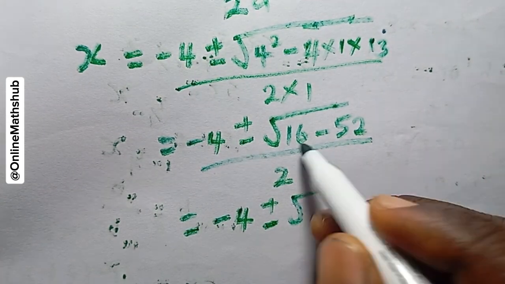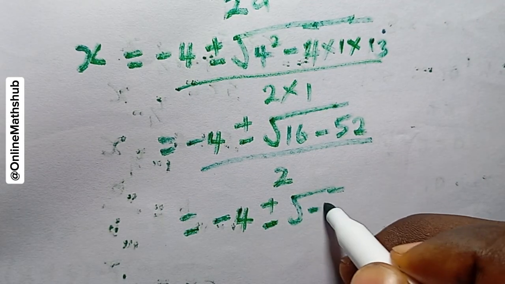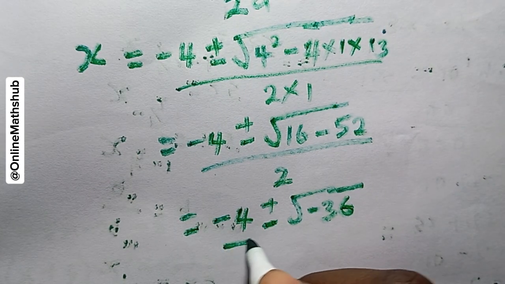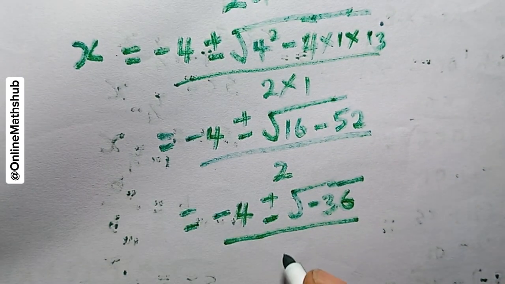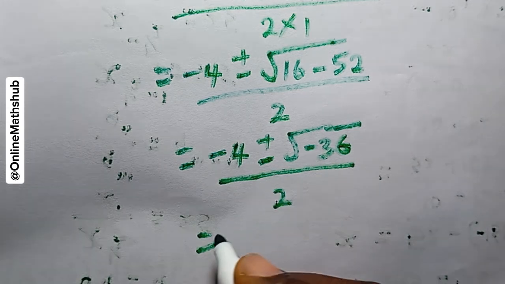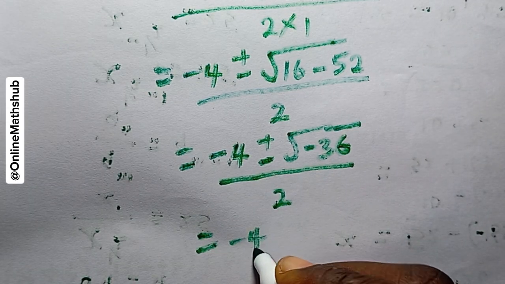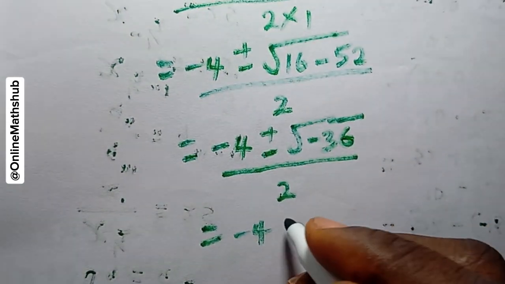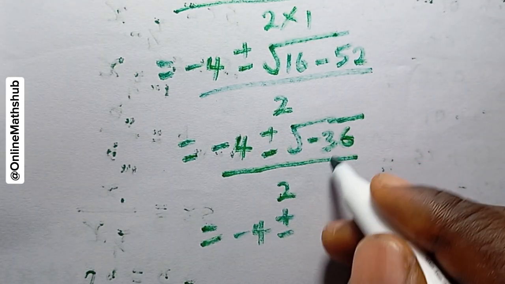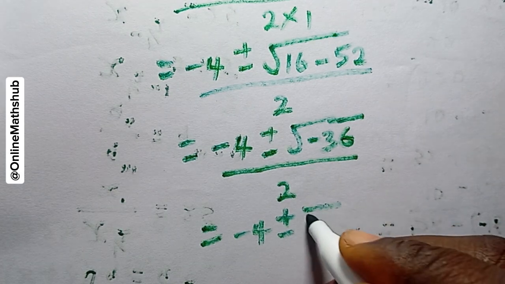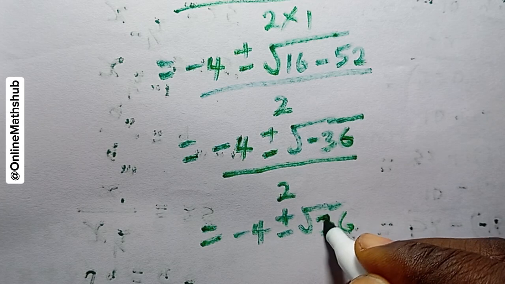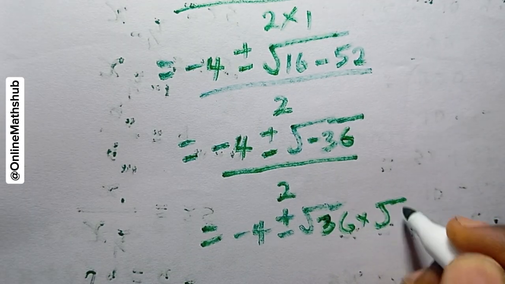This will be equal to minus 4 plus or minus the root of 16 minus 52, which is minus 36, divided by 2. I can actually split root minus 36 as root 36 times root minus 1.